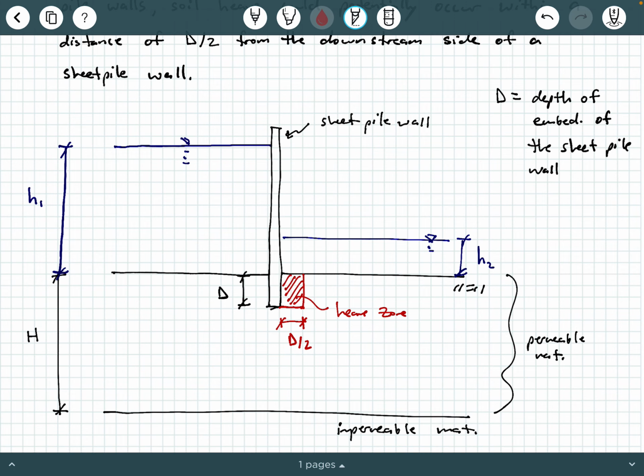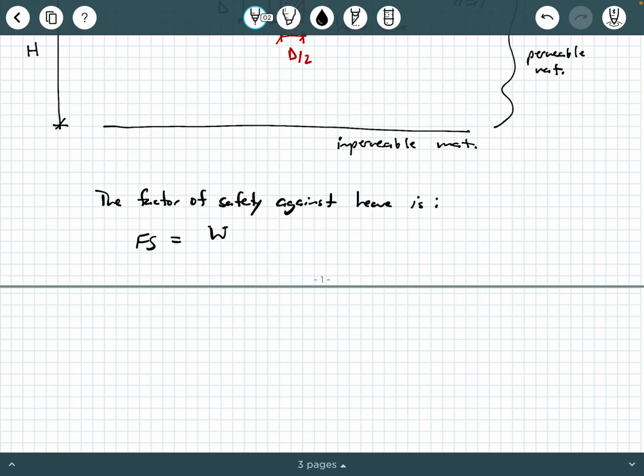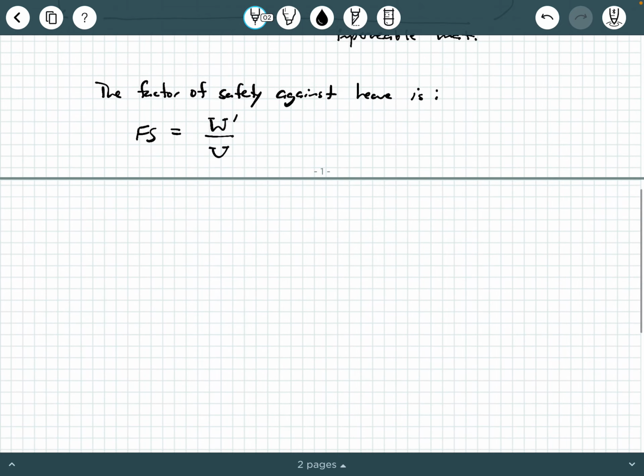Now, what we need to do is explore a factor of safety against heaving. The factor of safety against heave in this situation is Fs equals W prime over U. Now, what is W prime and what is U here?